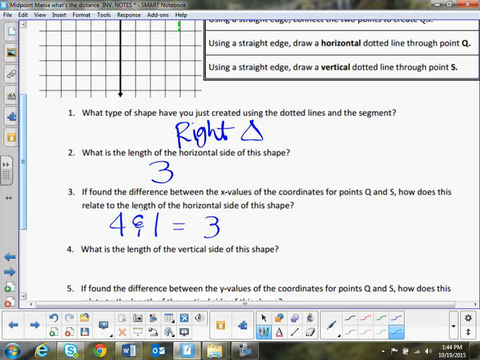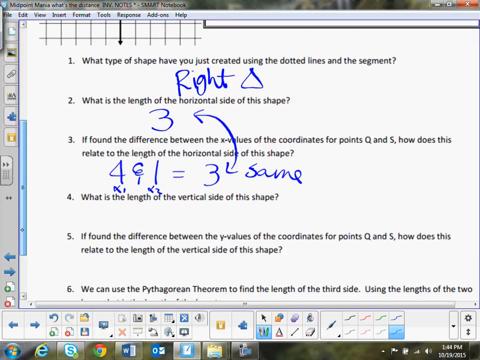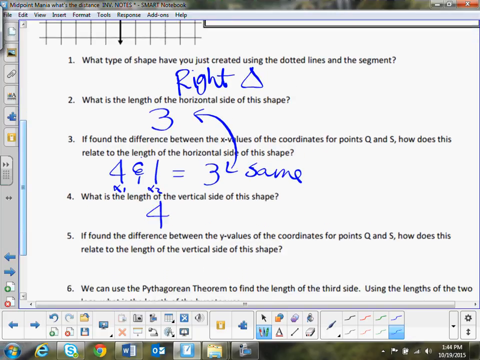4 minus 1 is 3, or negative 3. Okay, either way, it's 3 units. So how does that relate to that? It's the same. Okay, so all we do is take the x coordinates, x1 and x2. We found the difference of those. It's the same as that. Okay. What about the length of the vertical one? Well, how big is that one? That one's 4.